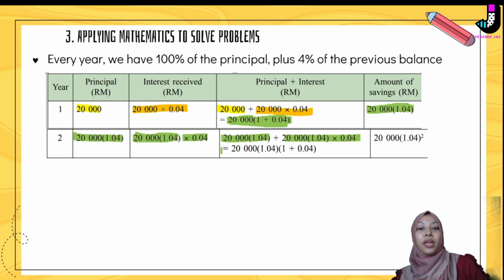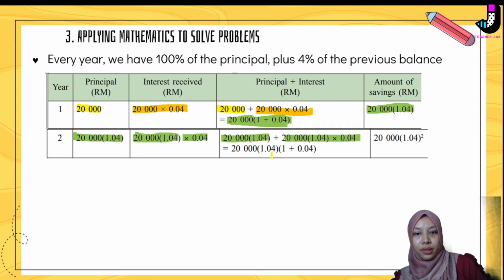After you bring it out, it will leave 1 plus 0.04. The 1 comes from the first one, and this is the second one, that 0.04.